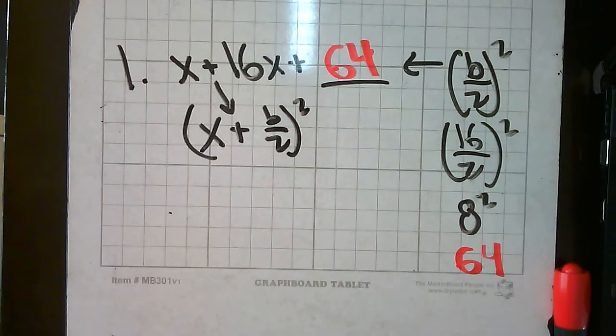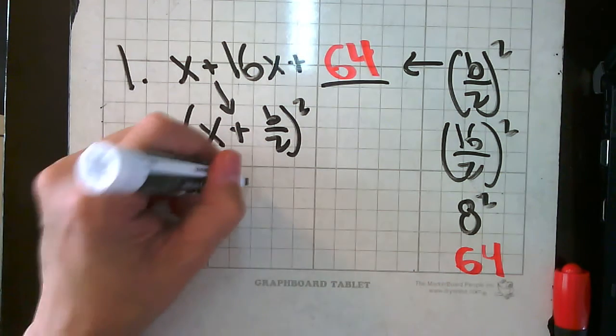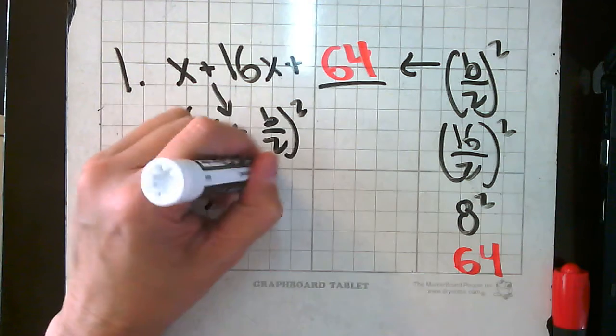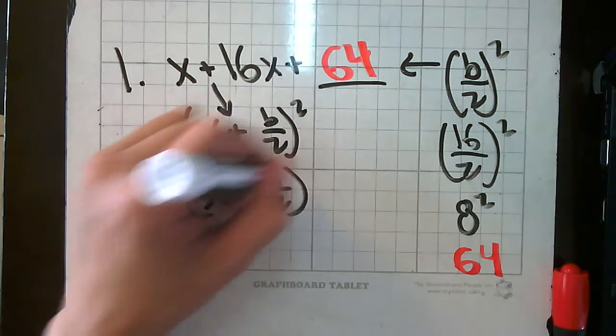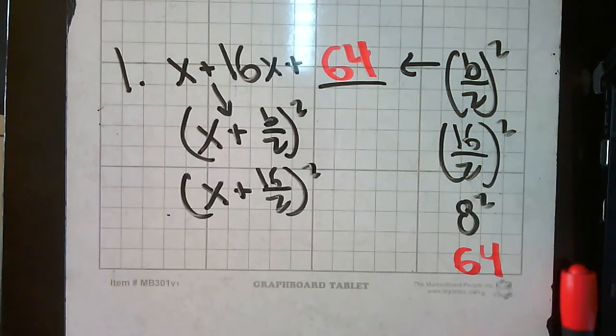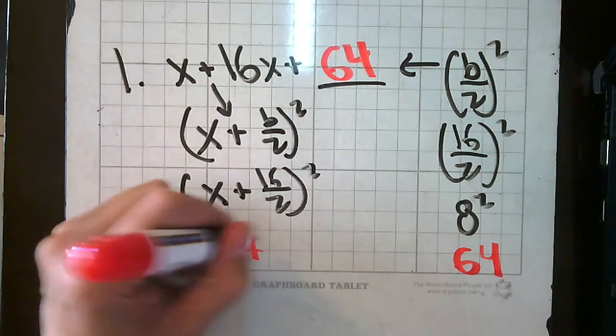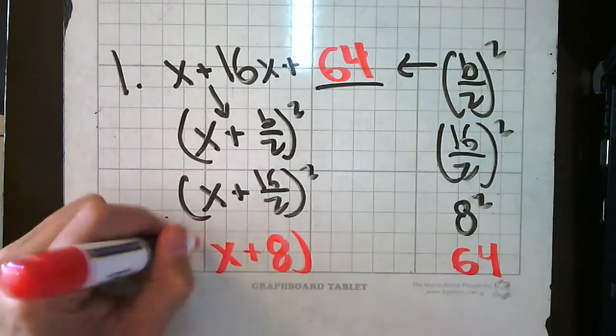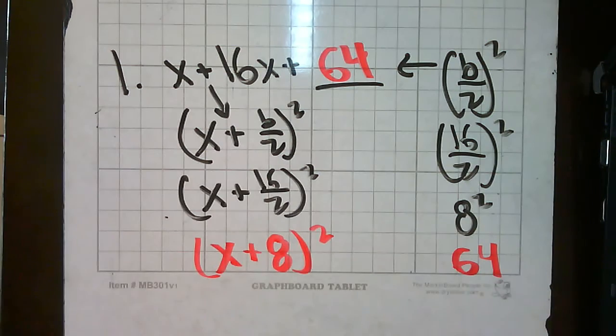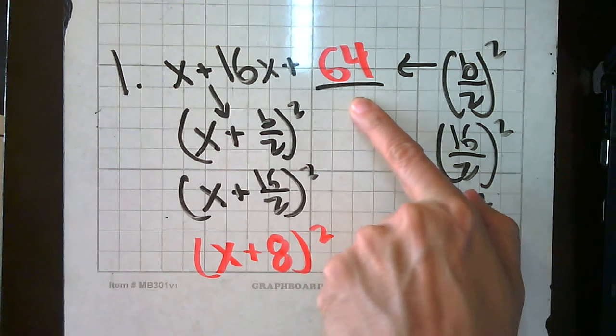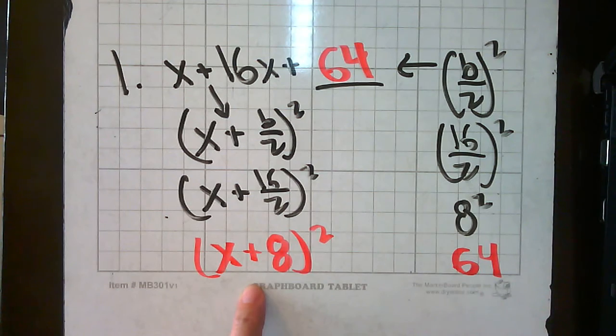In this case, we have x plus 16 divided by 2 squared. So that's going to give you a final answer of x plus 8 squared. So we use 64 to complete the square, and our perfect square is x plus 8. Those in red are your two answers that I'm going to need on your homework.